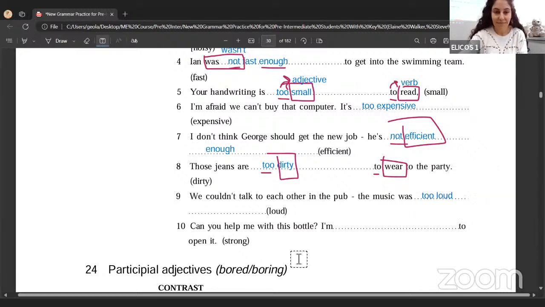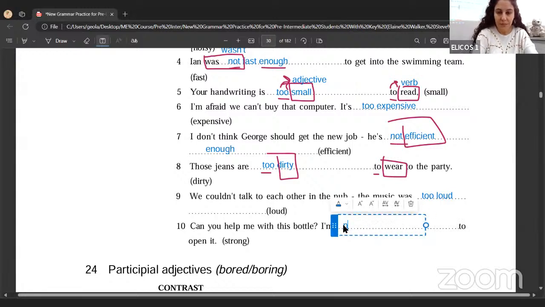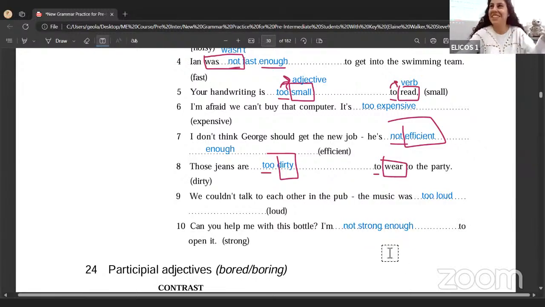Good. Number 10, the last one. I'm not strong enough to open this bottle. Yes, you've had all the negatives. That is good. You've practiced the negatives. So yes, can you help me with this bottle? I'm not strong enough to open it.